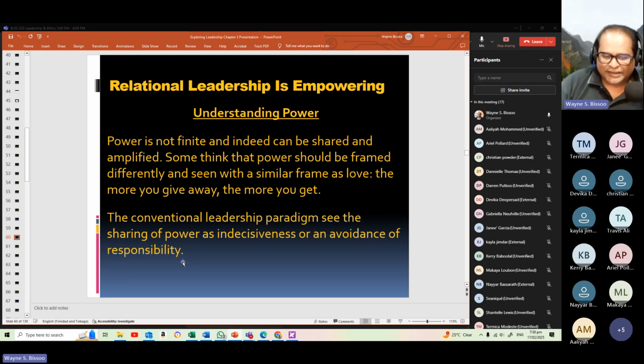Power is infinite, and in order to empower people, we have to give up more power. And the conventional leaders around there will look at that power sharing as being indecisive and avoiding your responsibility. The reality is actually that's not true. It's just a very old type of technique that is utilized.